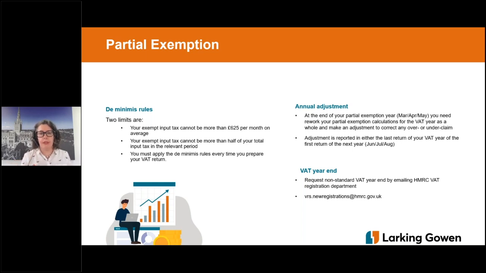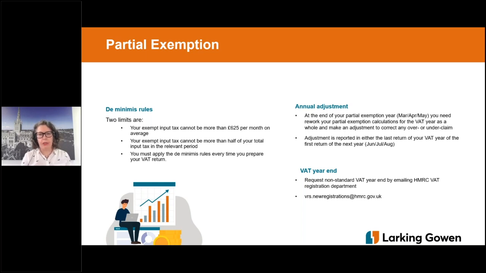It's really important, and it's something to think about doing when you're VAT registering, to request a non-standard VAT year, because I think that will work best for most of you, so that you're able to align your VAT year with your financial year end of July or August. So you can do that.